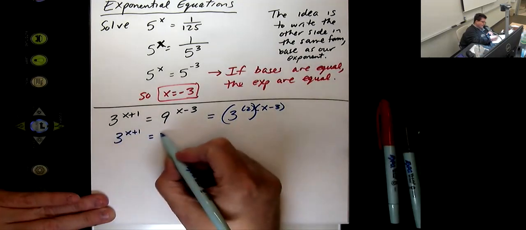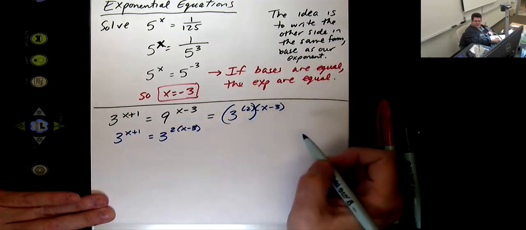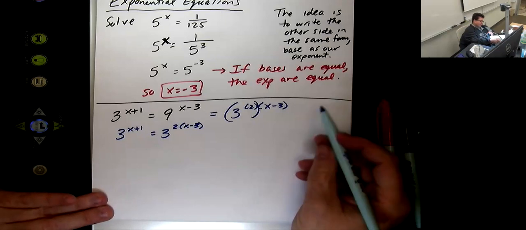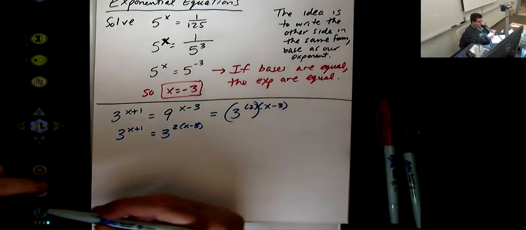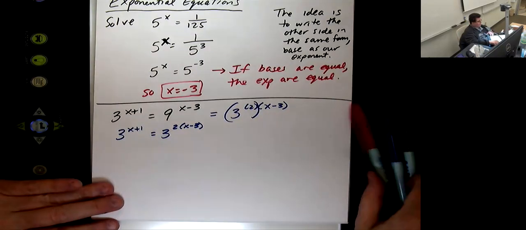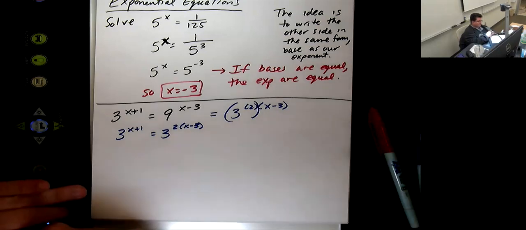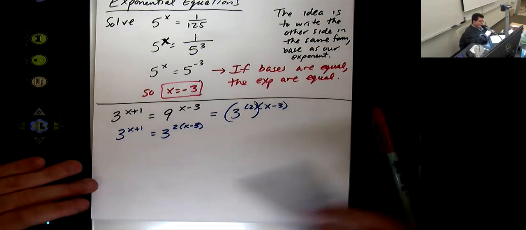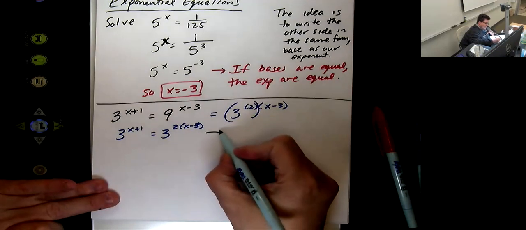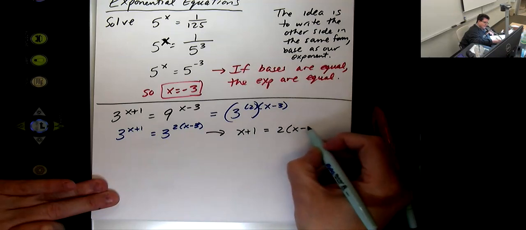And so I have 3 to the 2x minus 3. When we have something inside parentheses and an exponent on that, we multiply exponents. And now the bases match, the exponents have to match. x plus 1 equals 2 times x minus 3.